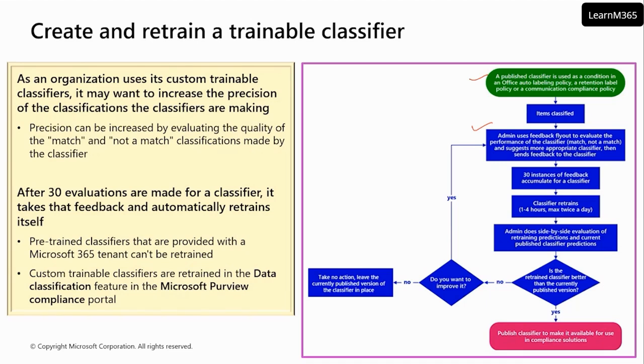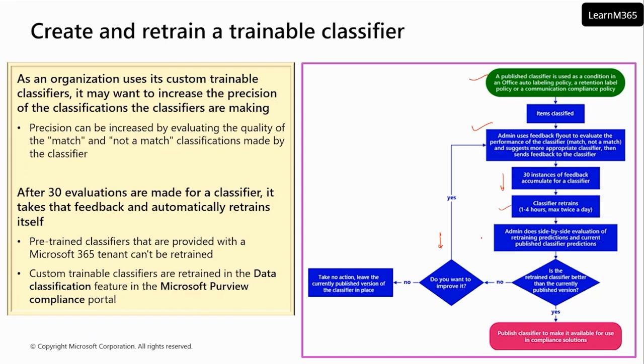Microsoft says, do you want to improve this? If it says yes, then again it will go through the cycle. When 30 instances of feedback accumulate for a classifier, the classifier retrains twice a day for about 1 to 4 hours.